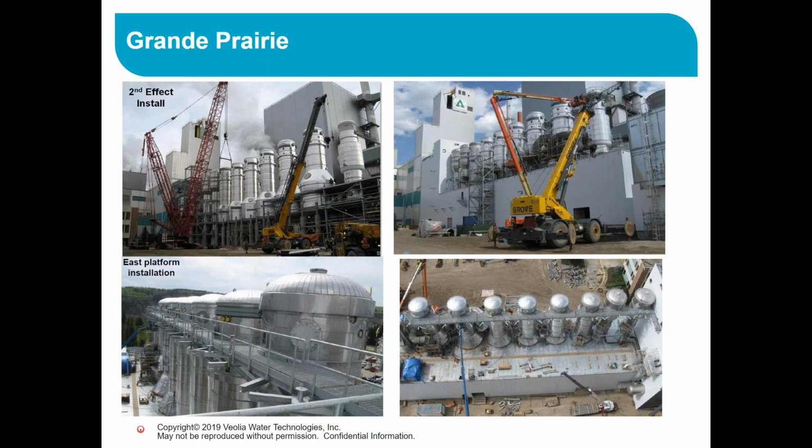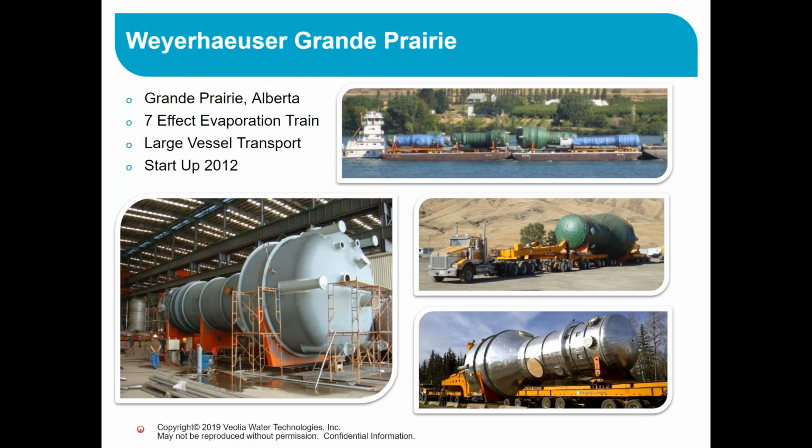And some more photos of Grand Prairie showing the construction, where we built a building around the bottom of the units and left the top exposed. And some photos of them being barged up to the job site.